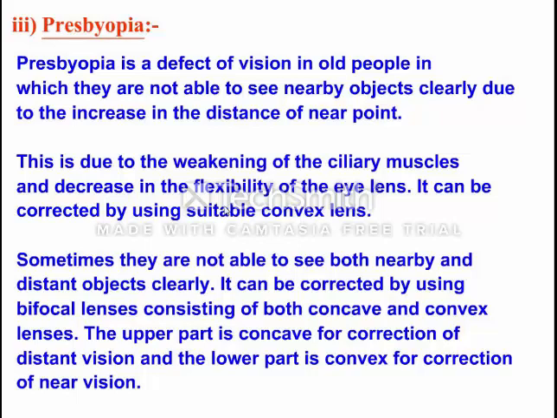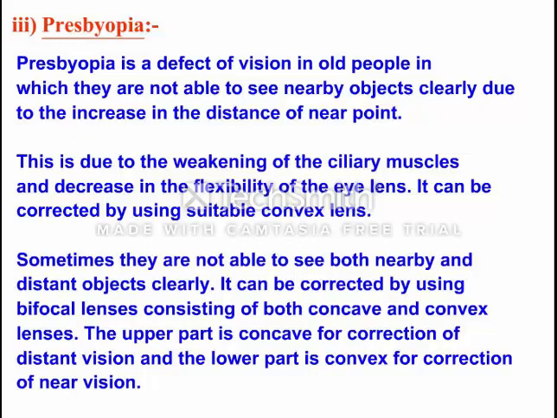If the ciliary muscles become weak, what will happen? The person cannot see nearby objects clearly, and distant objects also not clearly.